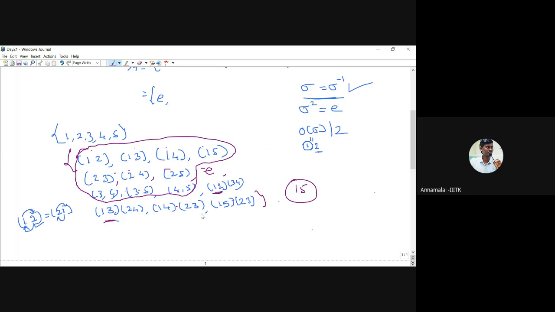Is there anything I missed? Suppose I start with 2. I cannot take 3 because (2 3) is already there. I think that is all. Any other possible?